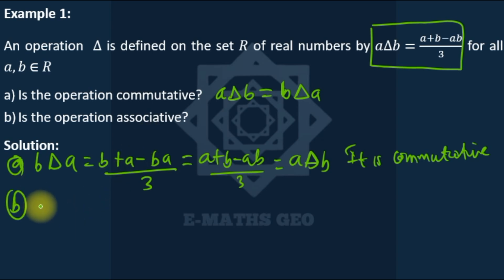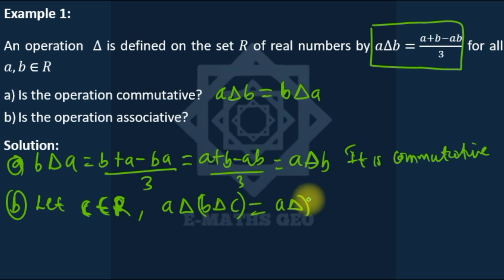They now ask us whether it is associative. So let's introduce a third element. Let c be another element of the real numbers. Then a triangle b triangle c, that is after solving b triangle c and combining it with a, will give us the same as a triangle b first, then combined with c.